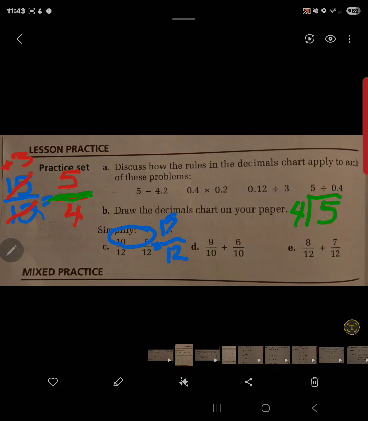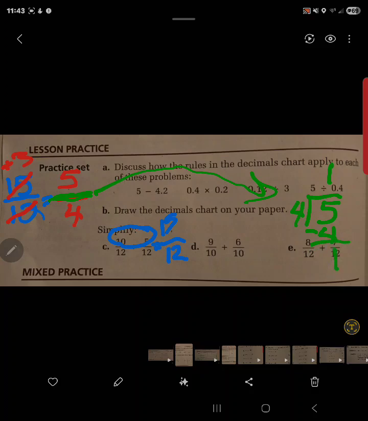I'm doing this on the right side of the screen so you can see what I'm doing. The reason we're doing that is because we're trying to figure out what that is as a mixed number. So how many times will 4 go into 5? It'll go one time, right? So 4 times 1 is 4, and we have a 1 left.